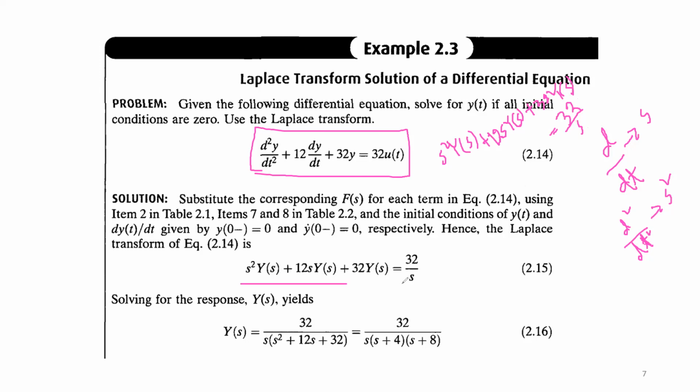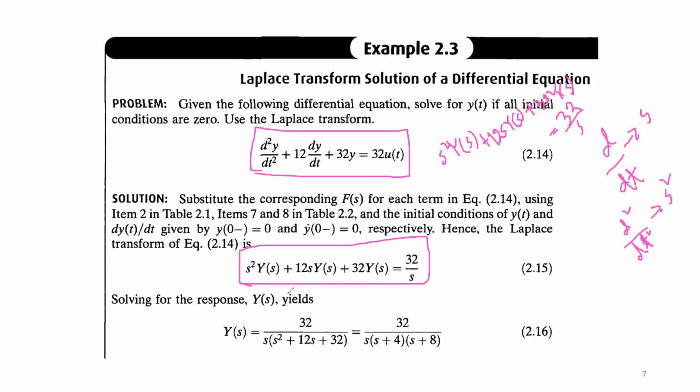So this equation comes from this equation.